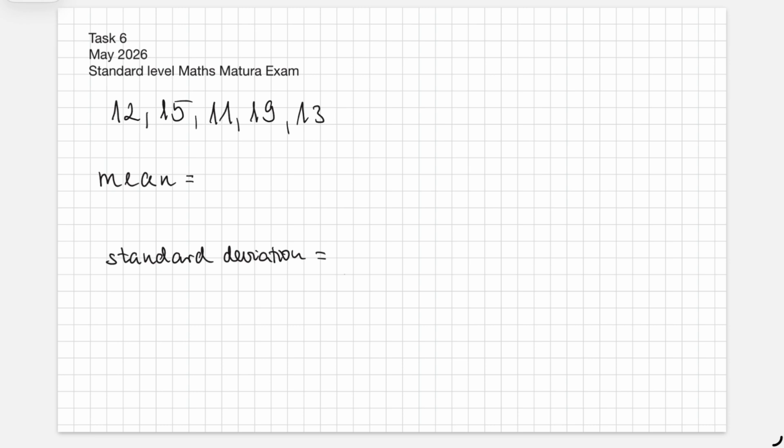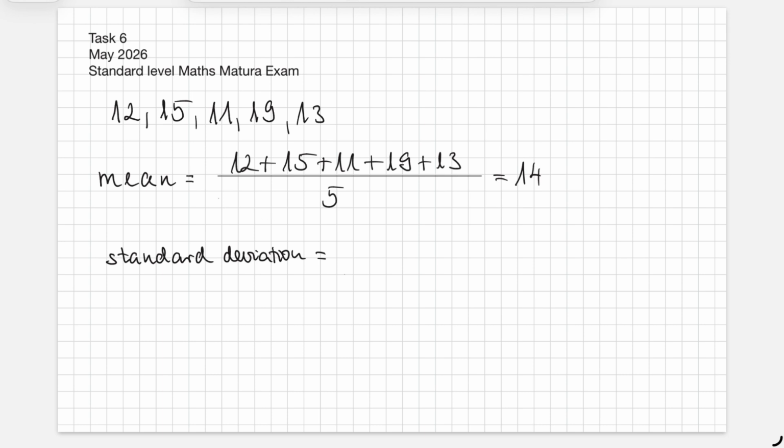The mean calculation refers to the arithmetic mean, and it's calculated by adding all the values, so all of his scores, and dividing the sum by the number of values, so 5. And this gives us 14. And it means that the arithmetic mean of his scores is 14.